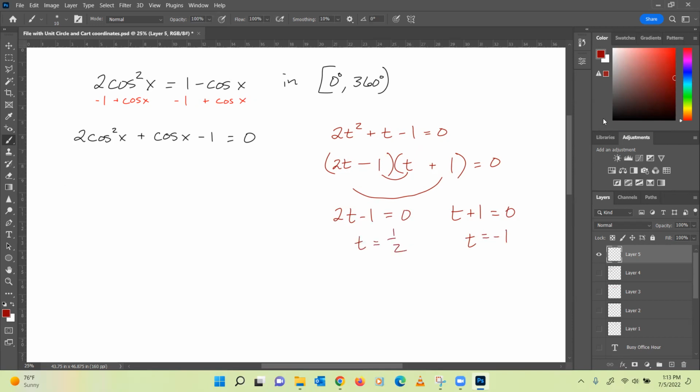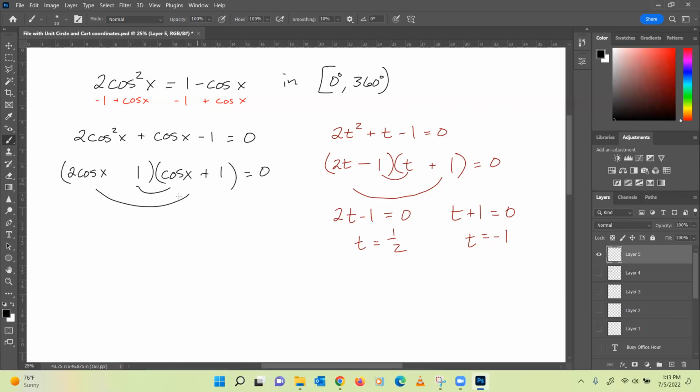Well, let's do the same thing over here. Let's go ahead and factor this. I know that 2 cosine x times cosine x is 2 cosine squared x. 1 is just 1 times 1. Again, outside plus inside has to equal the middle term.